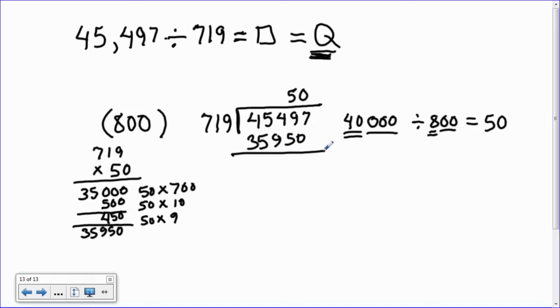Let me pause for a moment and make sure this arithmetic is correct. I was multiplying 50 times 719, so it's 50 times 700. That's 35,000. Then 50 times 10, that's 500, and then 50 times 9, which is 450. So 35,950. That looks good. And then I'm going to subtract, and you can subtract by counting up or doing whatever it is.